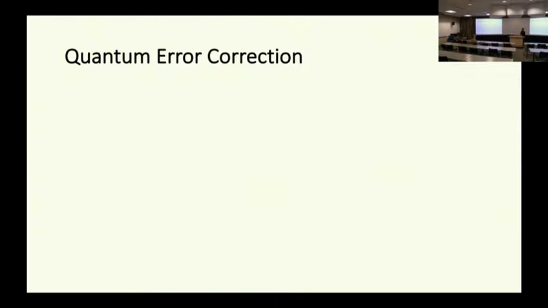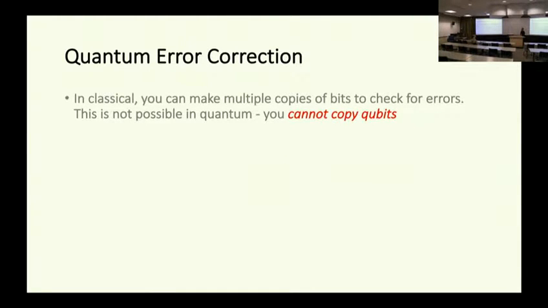We just started. The way you do error correction in classical computing is you basically make copies of bits. You've heard of RAID, for example, in disk arrays. You store certain properties, parity and stuff like that. You can mirror disks and make copies. But you cannot copy qubits.